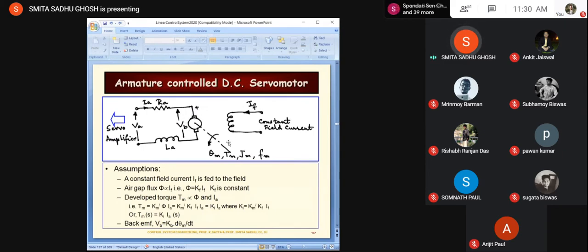The shaft is shown over here, so the angular position is denoted by theta m, and Tm, Jm and Fm respectively are the torque developed by the motor, the moment of inertia, and the viscous friction coefficient of the motor. Now, since we are operating this servo motor in the armature controlled mode, we had already stated that the field current is going to be constant. So over here we have If being the constant field current flowing through the field circuit.